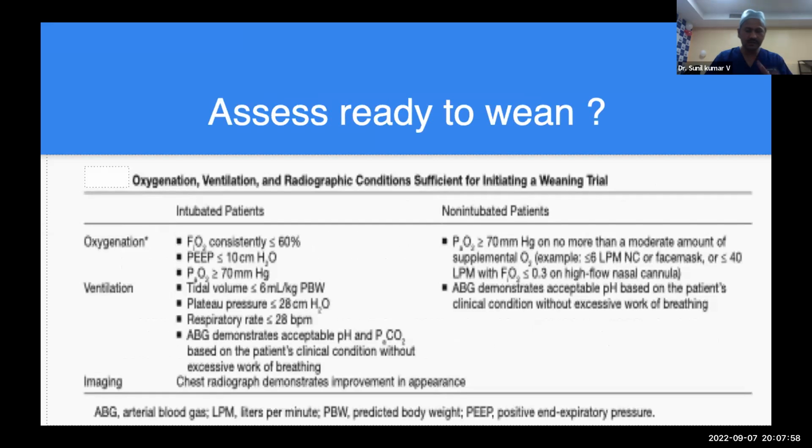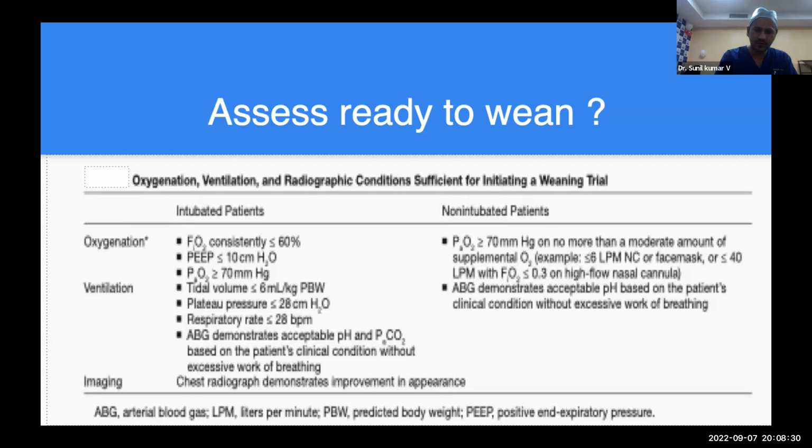So this is a slide from the ECMO guidelines. As I said earlier, the most important thing is the chest X-ray improvement. Along with that, importance is also given to oxygenation and ventilation. To assess the oxygenation, the ECMO flow has to be reduced to 1 to 1.5 liters and we check the FiO2 requirements.